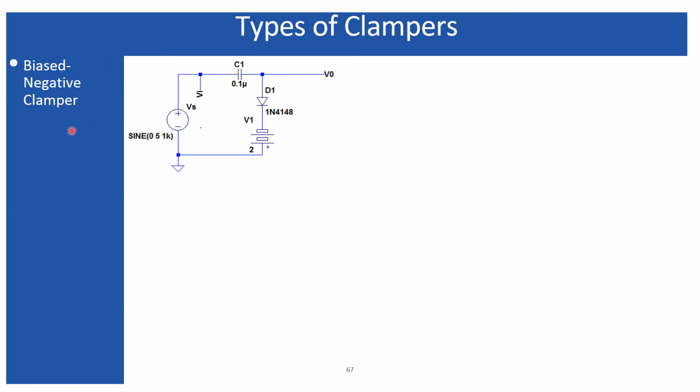Biased negative clamper. Now in this biased negative clamper, the analysis will be done in a similar fashion. That means this diode will be in forward bias for the positive half cycle of the input signal. So I have started my analysis with the positive half cycle. Why am I considering the half cycle for which the diode will be in forward bias? Because for that half cycle, the diode will be forward biased, and your capacitor is going to hold a particular charge.